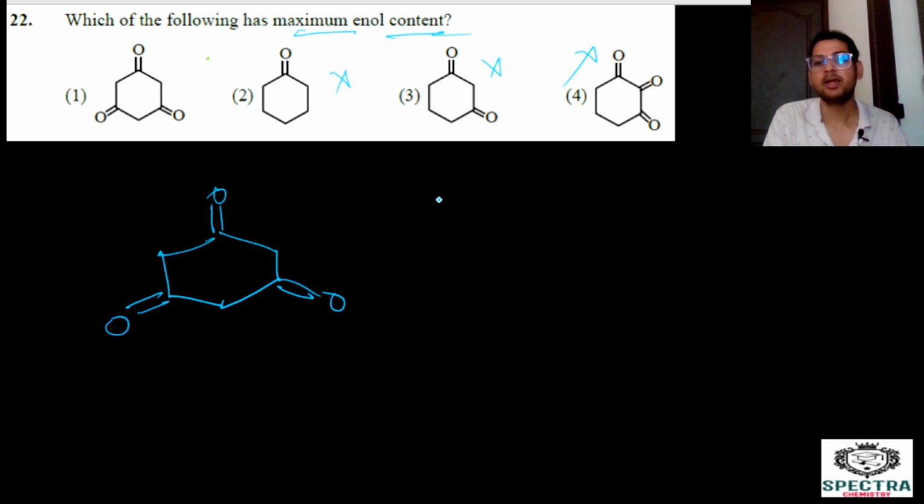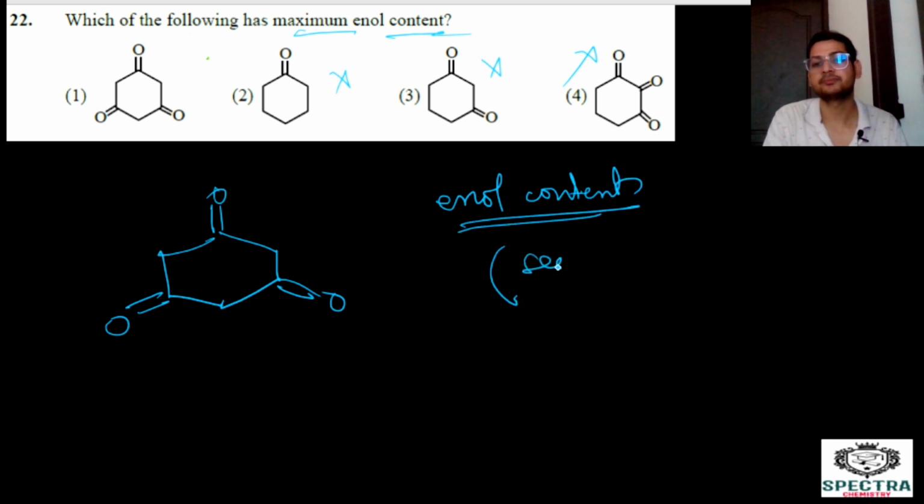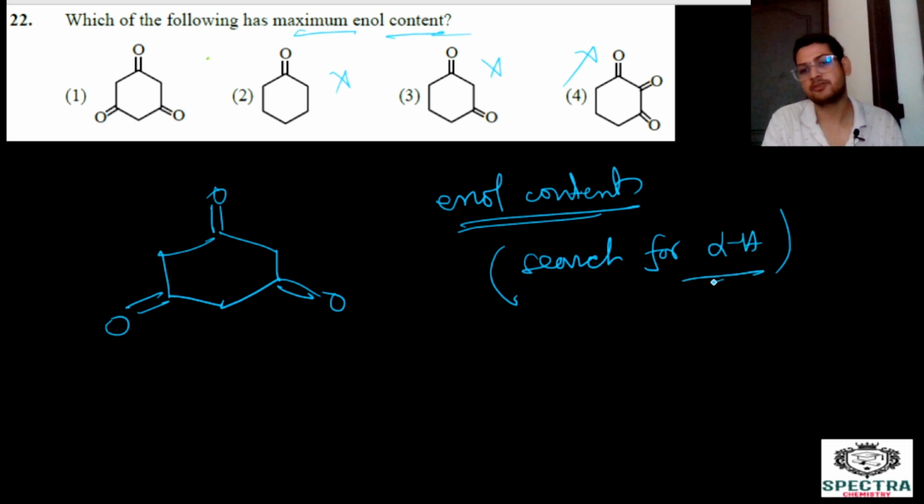And I told you, whenever there is a question about enol content, you have to search for alpha hydrogen. This is your keto functional group, and this is your alpha carbon. You are having hydrogen here.